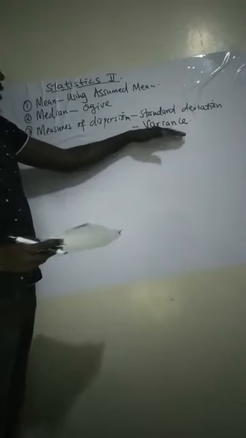However, we shall start with variance followed by standard deviation, because standard deviation is an extension of variance. We start with variance, then from there we use the same formula with a little development to get the standard deviation.